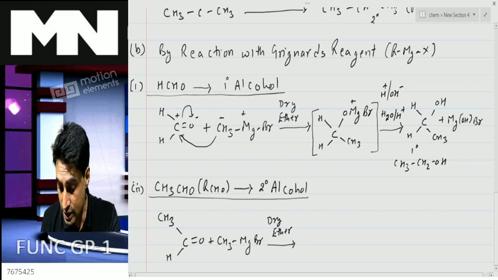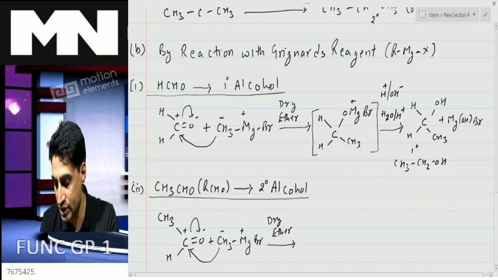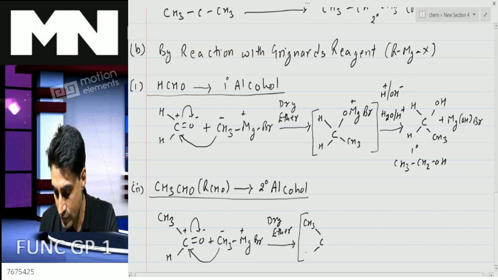Well, again it's Mg positive and methyl is negative, the pi electrons on oxygen are negative and carbon is positive. CH3 negative will attack the carbocation and Mg positive will attack the oxygen, leading to the formation of an addition complex like this, OMgBr.